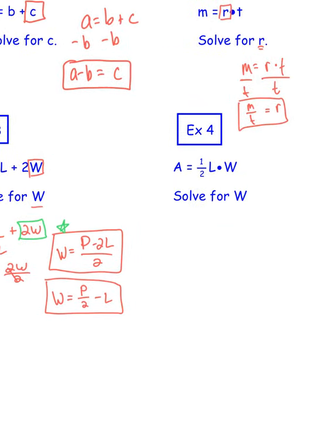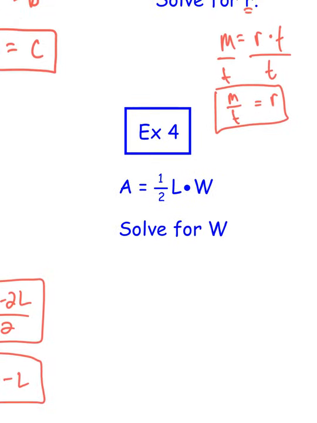Example 4, we've got the area of a triangle formula here. So A equals 1/2 L times W, and we're going to solve for W. I'll rewrite it just like I did before, 1/2 L times W. And so if we're multiplying by 1/2, the way we can cancel that out is multiply by the reciprocal on both sides.